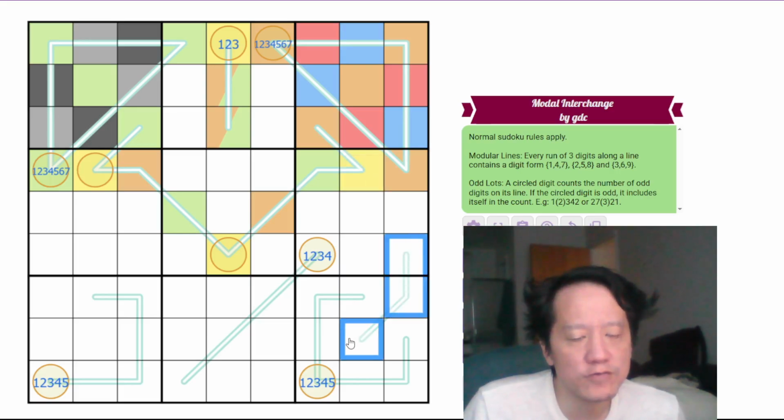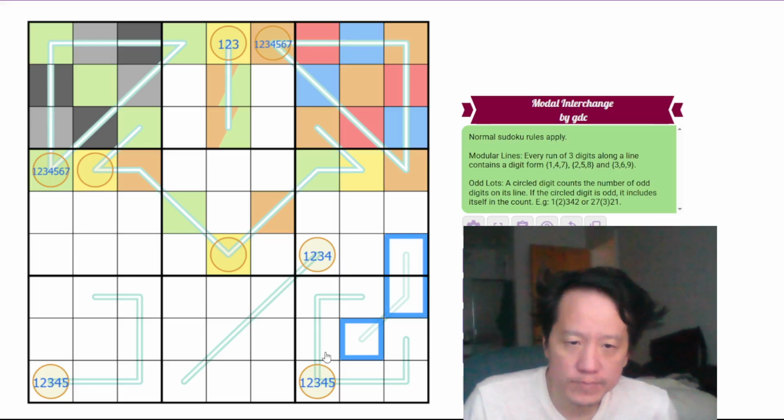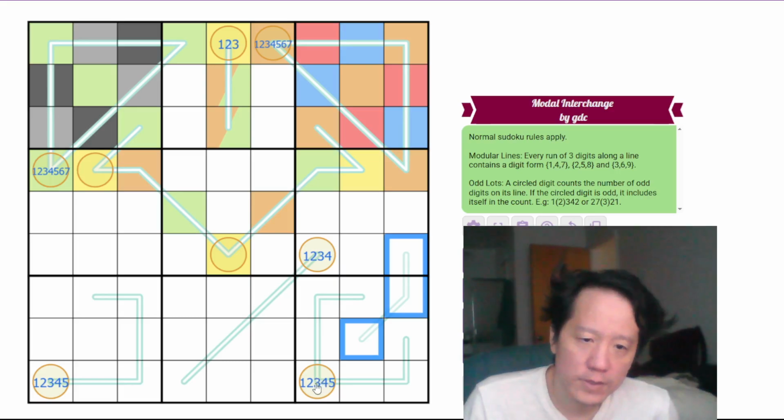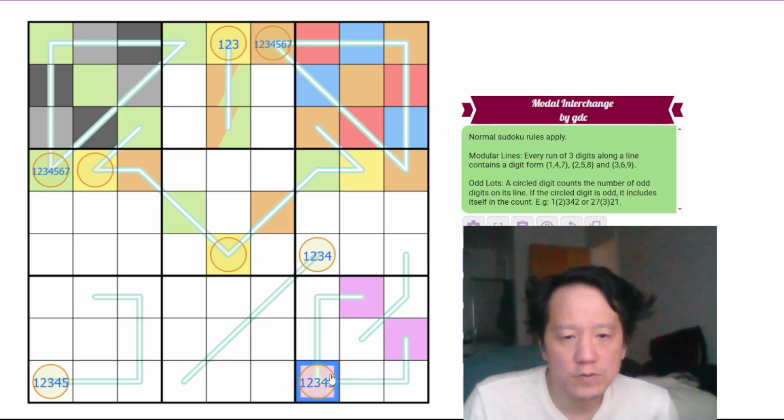This must be one of each. This cell matches none of these two, but it matches both of these. So this cell matches this one. We're not sure which. This cell matches both of these.